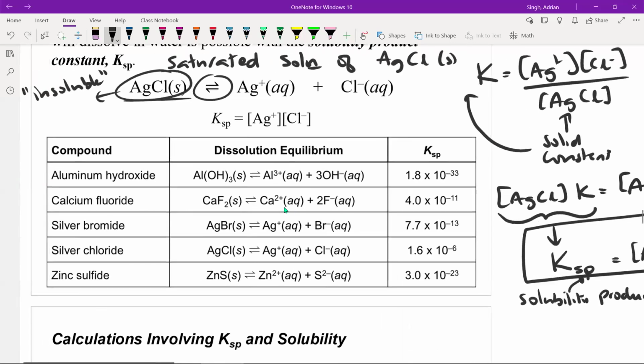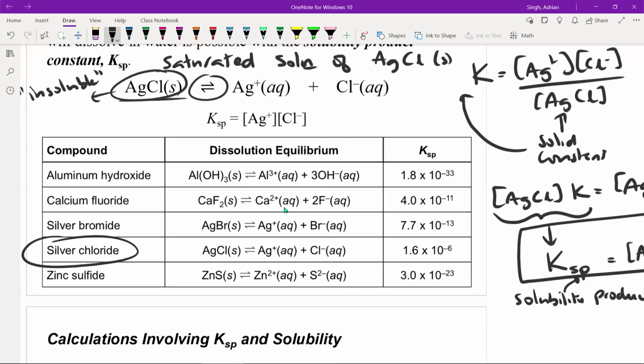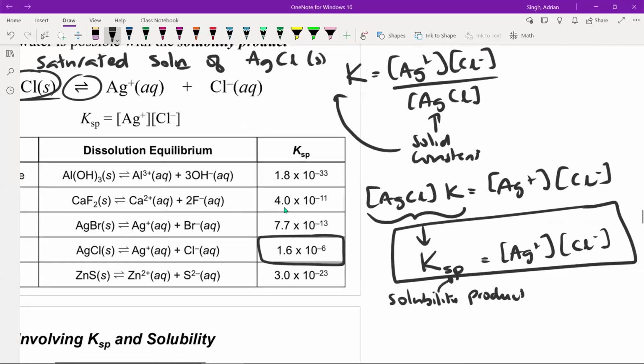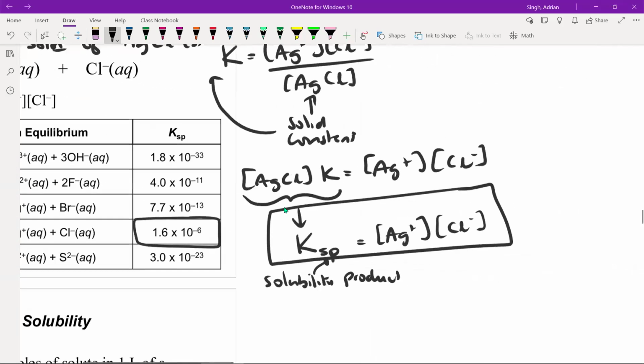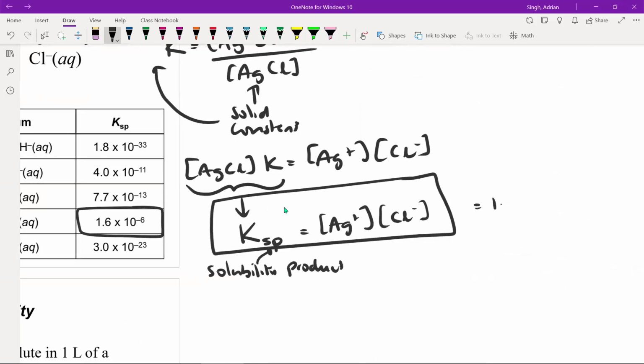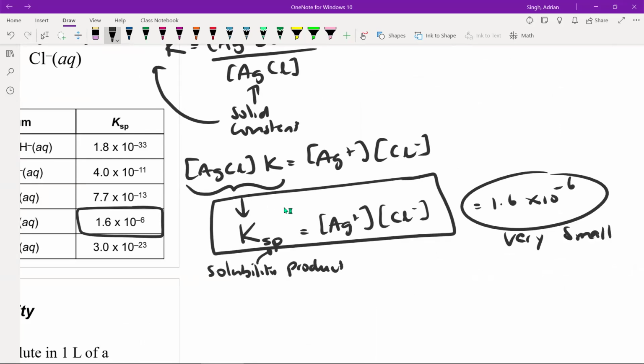So if you look up the Ksp value for silver chloride, what you will see is that the value is very small. It's 10 to the negative 6. And as we know, when we have K values that are really small, it tells us that the equilibrium lies to the left.